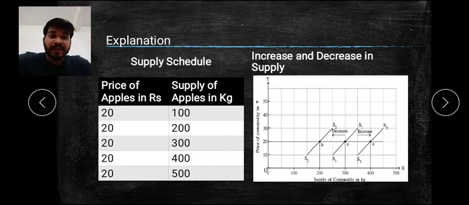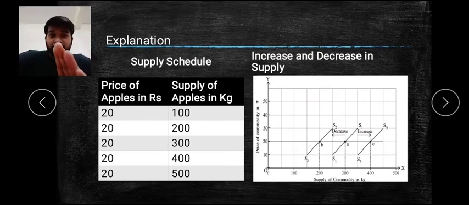At that time the supplier will sell a lesser amount, so supply is less. It reduces from the initial base of 300 to 200. It shifts to your left side, from point A to point B. So there is a shift towards the left hand side and a decrease in supply schedule. Are you getting it?